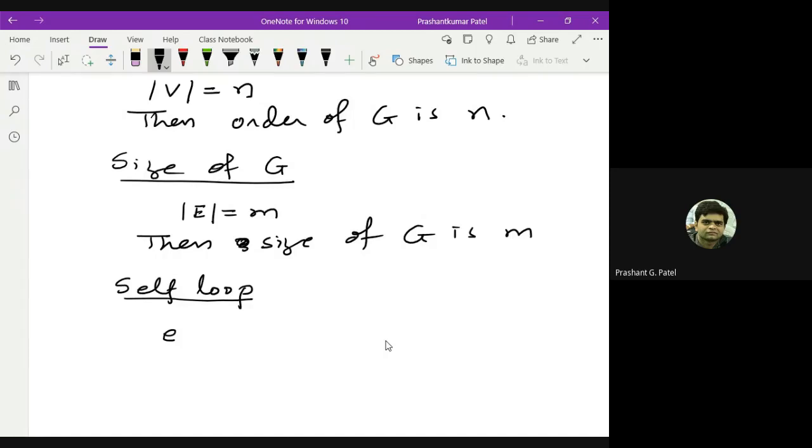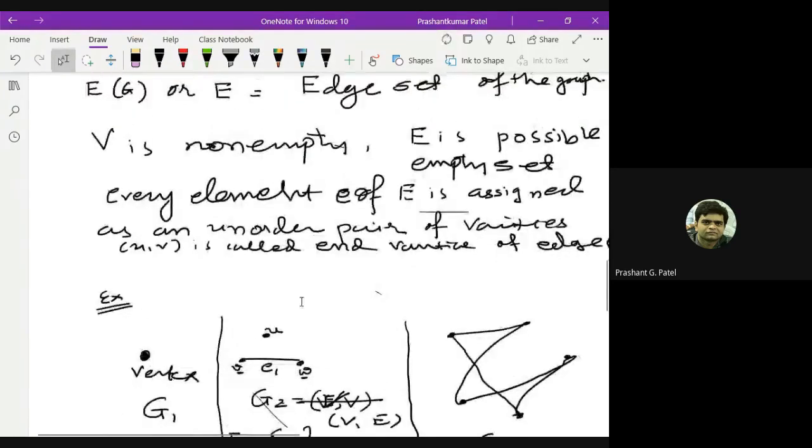What is meant by end vertices of an edge? I have already defined it earlier. If E is an edge with U and V as its end points, then they are called the end vertices of the edge. If this U and V are the same, then it is called a loop or a self loop.